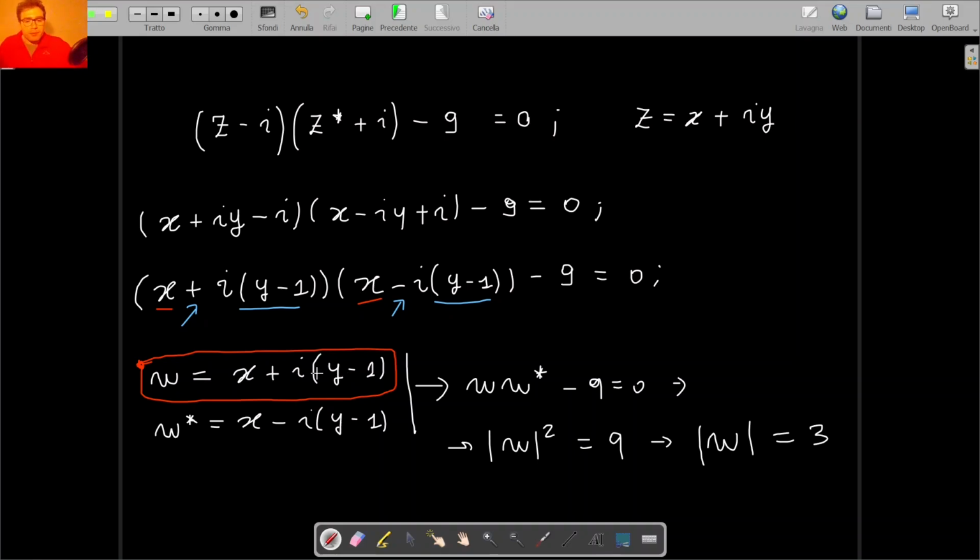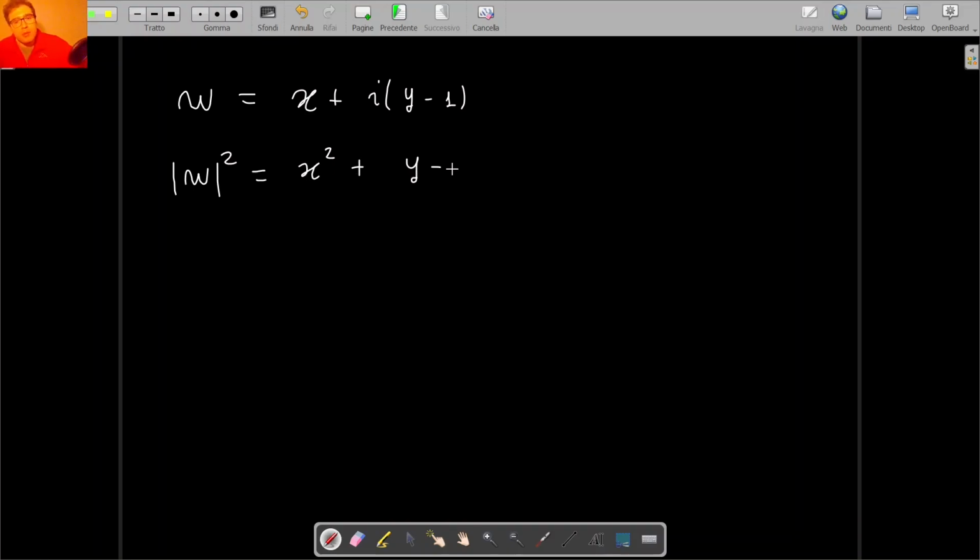So w is equal to x plus i(y minus 1), and the modulus of w squared is equal to x squared plus (y minus 1) squared, and from the equation we have seen before, this is equal to 9.